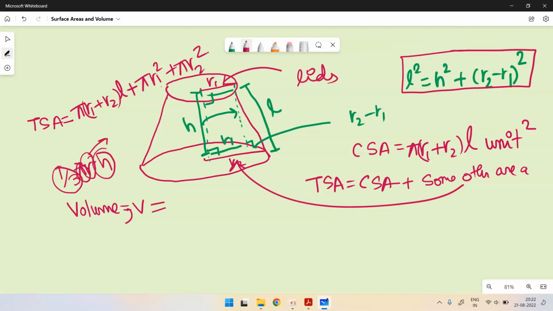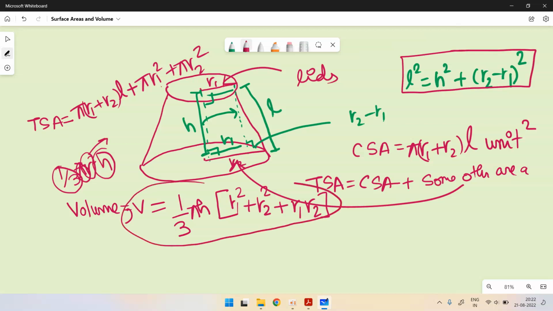For remembering, 1 by 3 pi h times r square. Now how can you write r square? First r1 square, then r2 square because you have r2 also, then r1 into r2. This is the volume of the frustum. This thing is called a frustum.